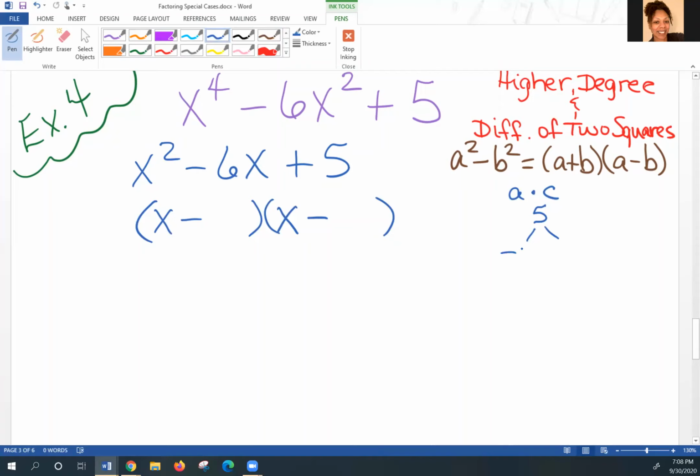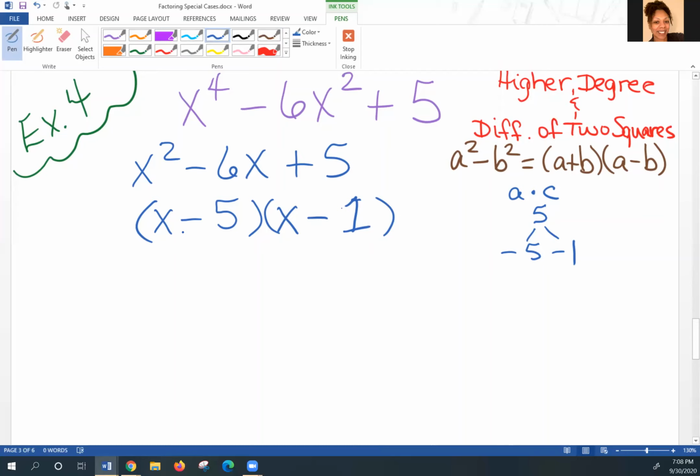So that's going to be negative 5 plus negative 1 will give me negative 6, which is what I need here. And then negative 5 times negative 1 will give me positive 5. So that's what's going to go into my binomials.